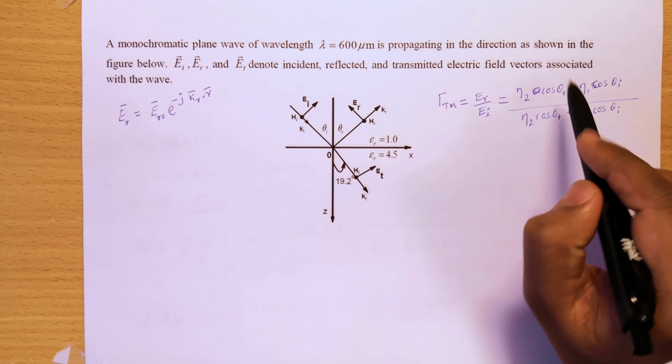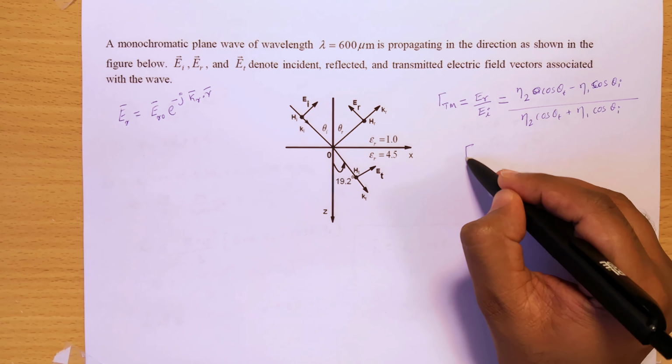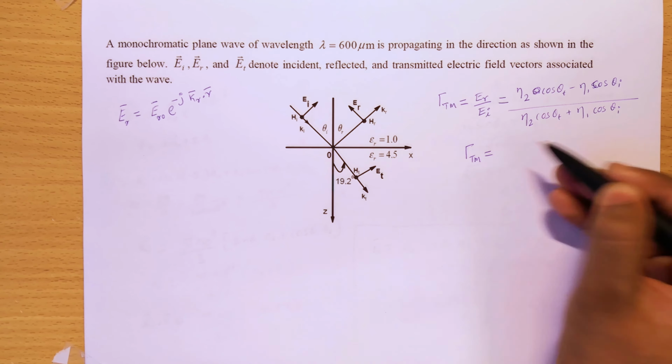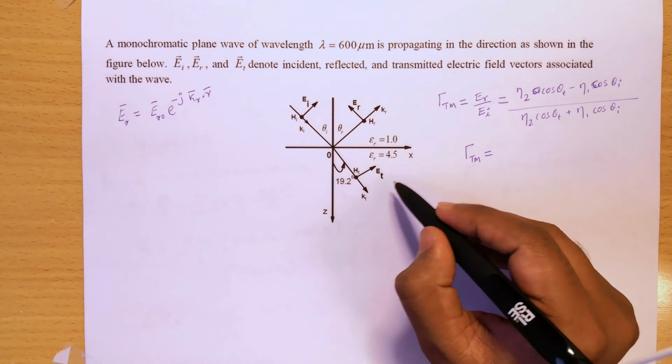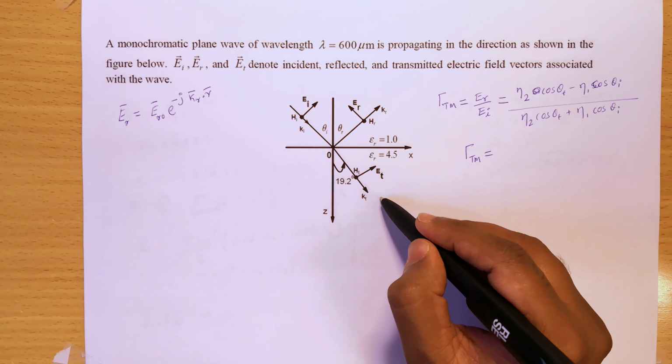Here eta 2 is the impedance of the transmitted medium.